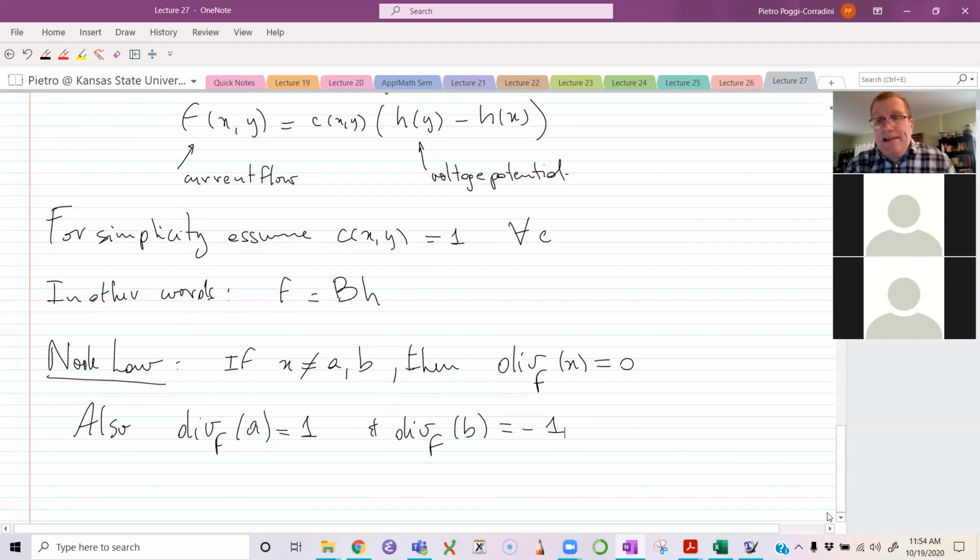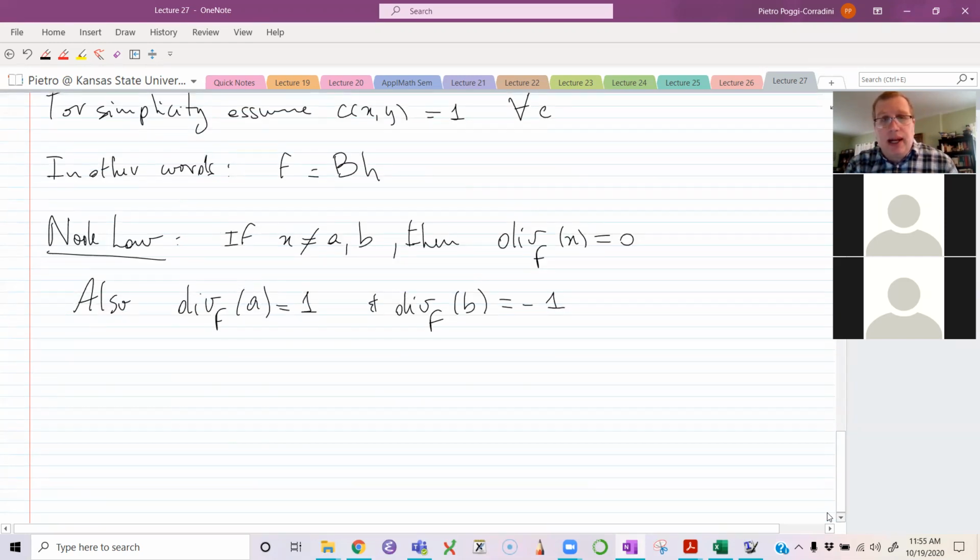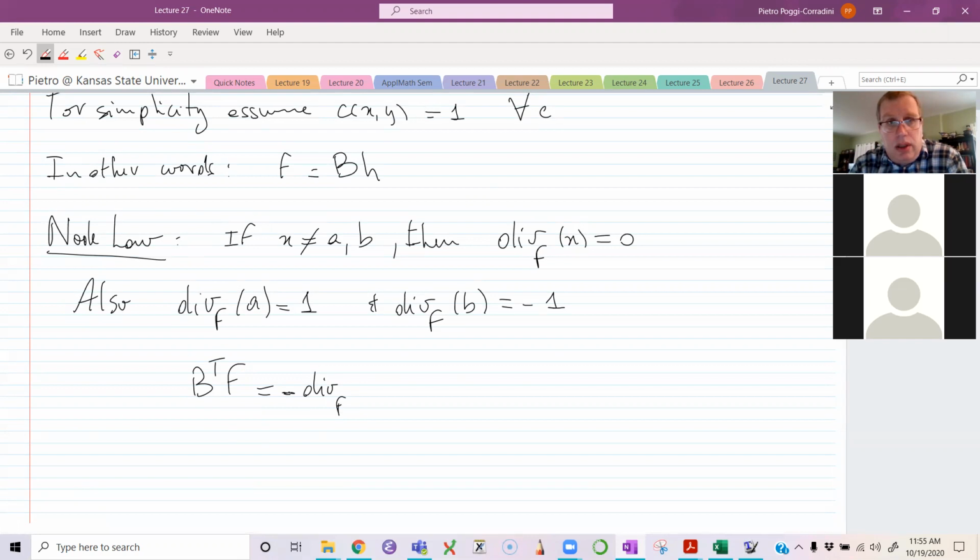With that information and the fact that B transpose F is minus the divergence of F, a general fact for any flow, in particular for us that means this has to be 0 everywhere except -1 at A and 1 at B. So we can write it like this: delta B minus delta A, the indicator functions for those two nodes.